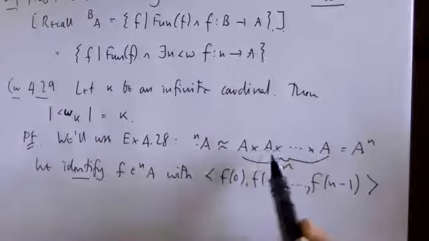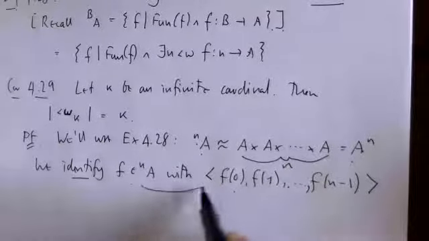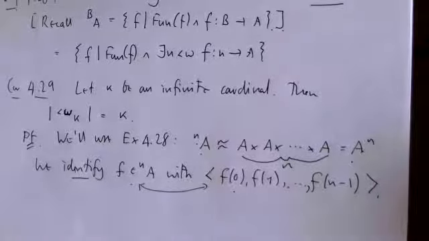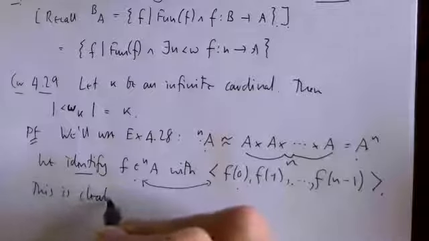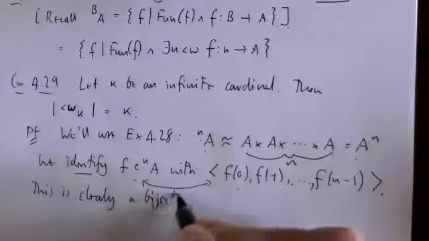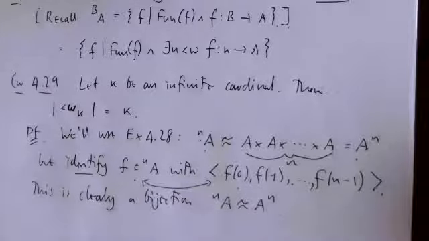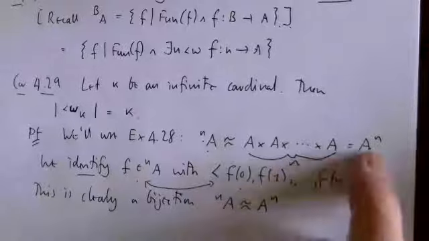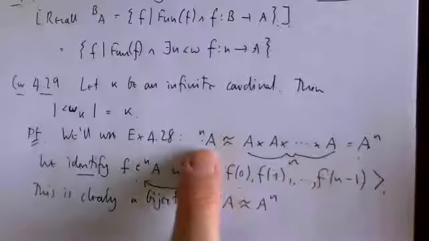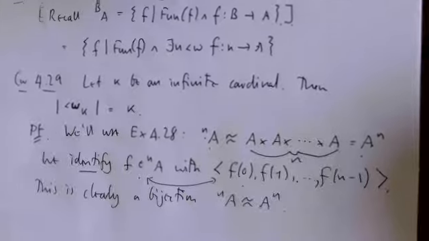So the bijection you're supposed to provide in the exercise between this and this is given by just this here. So this is clearly a bijection. I myself often slip up and say, oh, this is a function. Or I say something in here is an integral sequence, right? Okay.